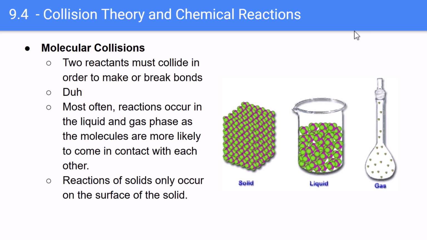This is something we end up seeing in lab, where we notice that ionic substances that are dissociated in water, because they're free moving, are much more likely to react than, say, covalent substances, which tend to be bonded together and require more energy in order to react. So part of the molecular collision aspect just has to do with the state of matter that they are in. Solids tend to react very slowly, whereas liquids, aqueous solutions, and gases tend to react at a much faster rate.